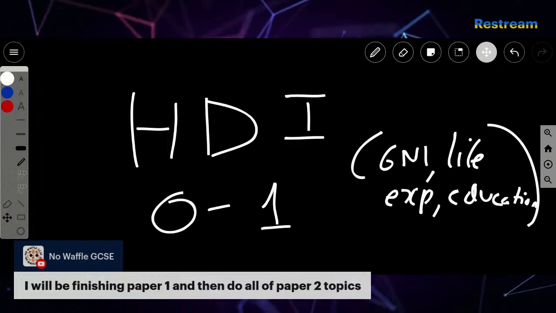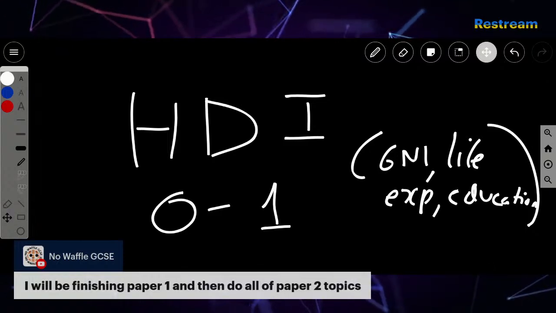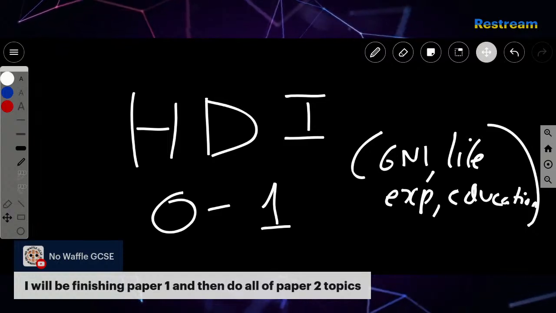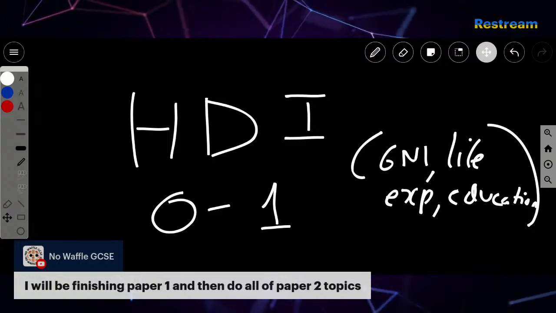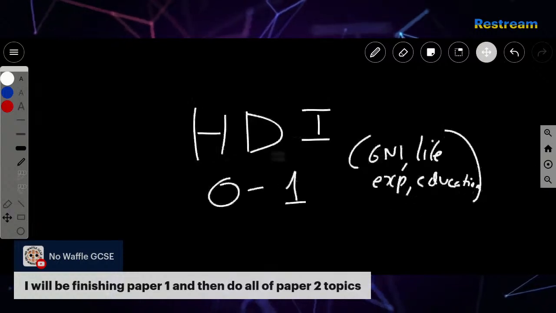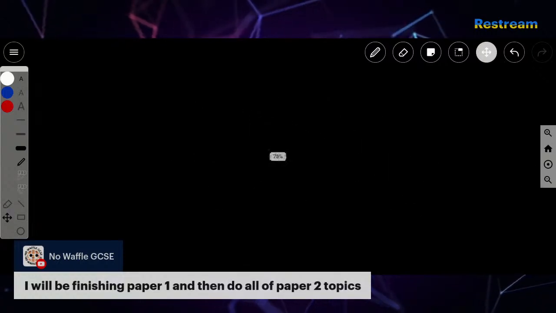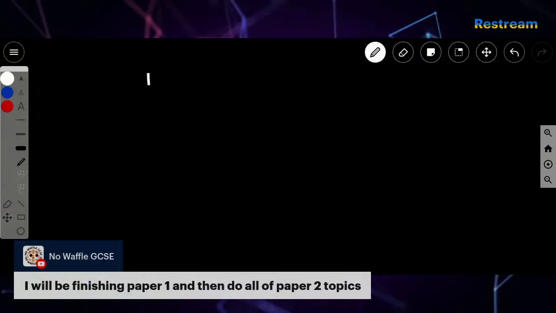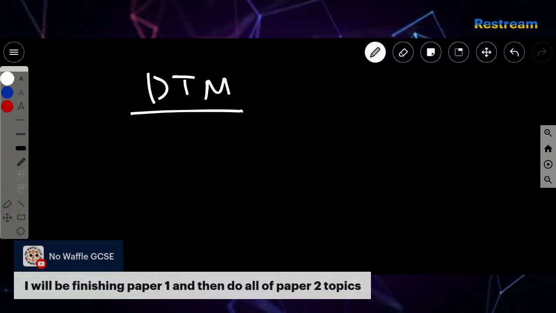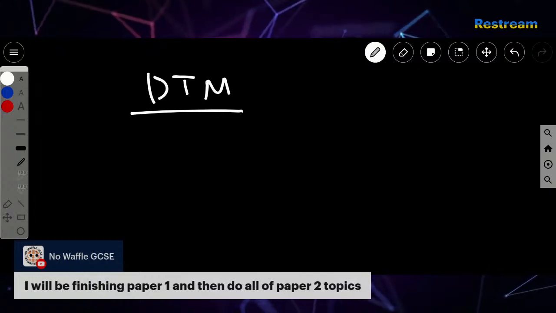Now we're going to talk about the demographic transition model. The demographic transition model shows how birth rates and death rates affect the population. When the birth rate is higher than the death rate, the population grows, and this is called natural increase, which we looked at.